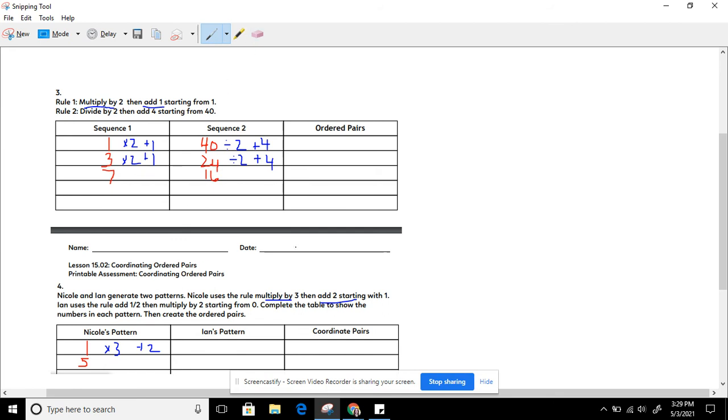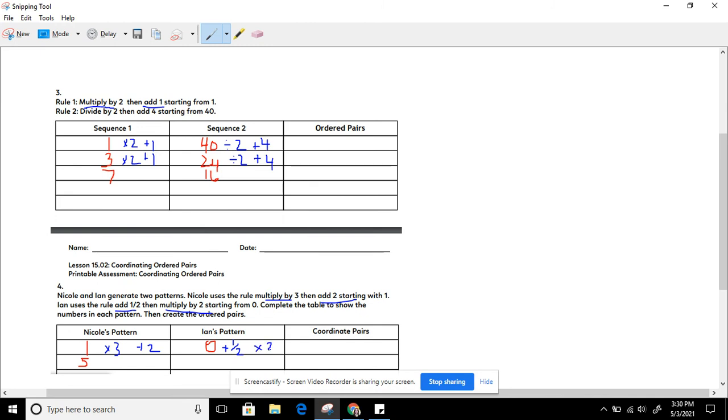Ian's pattern is where it gets a little tricky. Ian uses the rule add 1/2, then multiply by 2, starting from 0. So we're starting at 0. It tells us, as all the other ones, what number to start with. We're starting with 0. And his rule is to add 1/2, then multiply by 2.